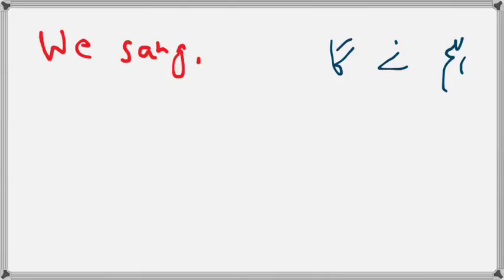Now, we sang. हमने गाया. It was an easier verb. Now let's take another example of chala, to walk, and we will be making the negative sentences.